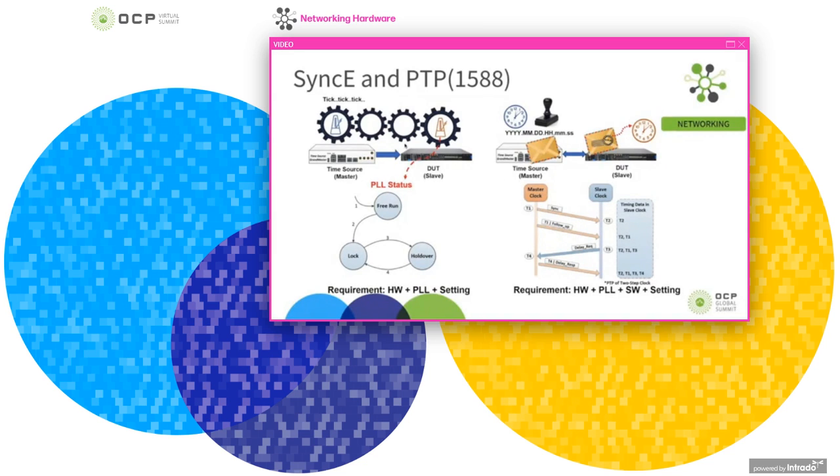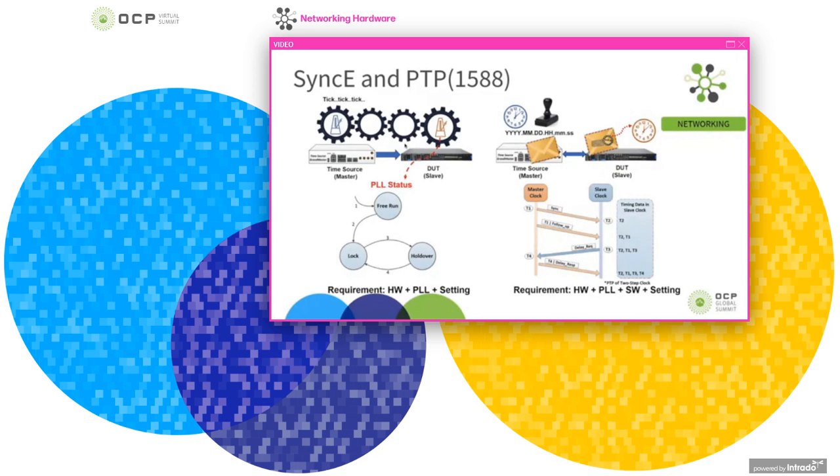1588 is the Precision Time Protocol. It means we must use messages to communicate in order to achieve time synchronization. Here you can imagine a stamper on the time source side.